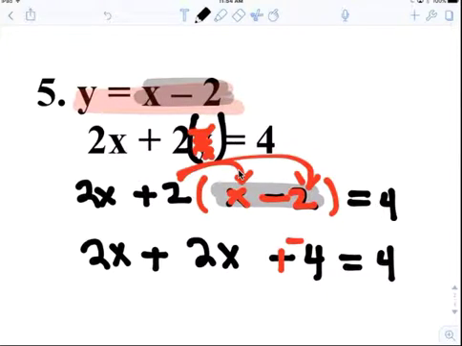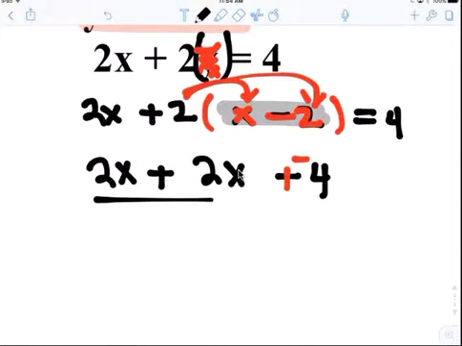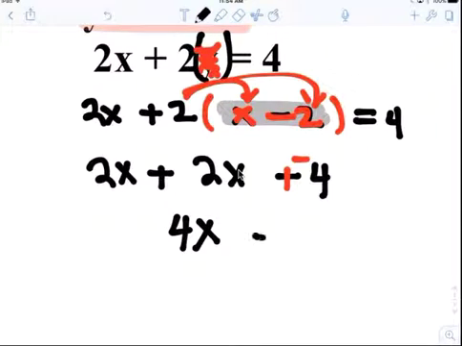Now, I'm not going to put equal to 4 yet because, look, I can combine these. These are like terms. I get 4x with those two, plus a negative 4. There's nothing else I can do. I can't simplify the expression any longer.